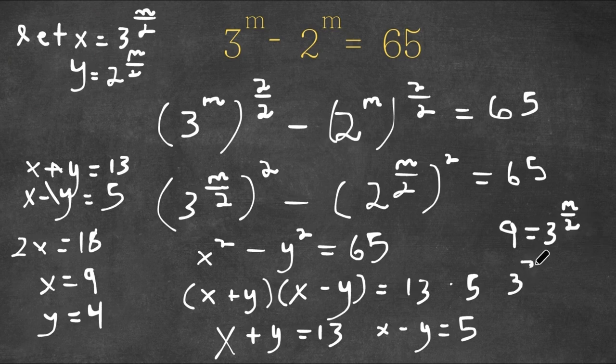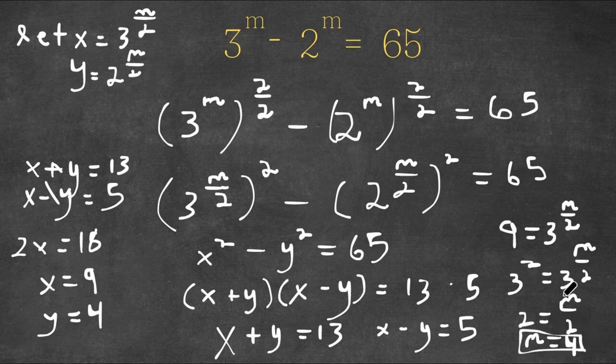So I have 3 squared is equal to 3 to the power of m over 2, meaning 2 is equal to m over 2, and m is equal to 4. So this is our answer. m is 4.